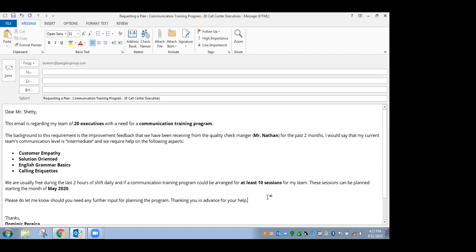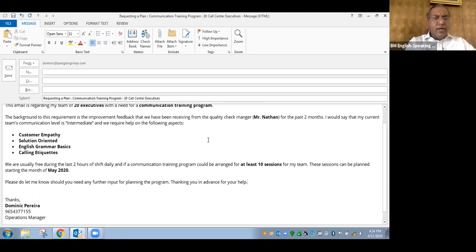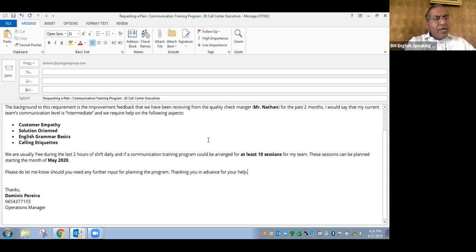And also leaving it open with a note to say, let me know should you need any further input from my side for planning the program, and thanking in advance, and my signature with the number. And a very subtle correction here is, tell me, Dominic, the sessions can be planned in this. This is what you're proposing, right? You've not asked him what is convenient for him. So a confirmation from his side again.